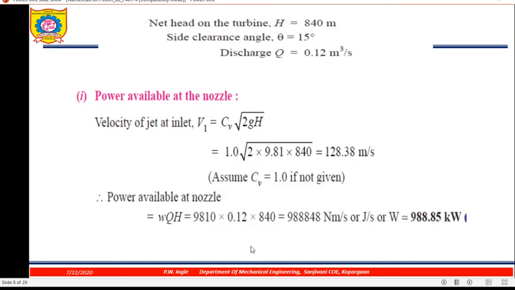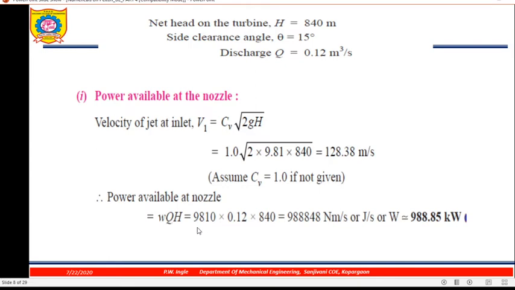So what you are getting? Yes, m G H. What is m? m is rho into A into V. What is AV? It is Q. So what is rho Q G? Sorry, rho G is W. So it is W into Q into H. So W is 9810 into 0.12.